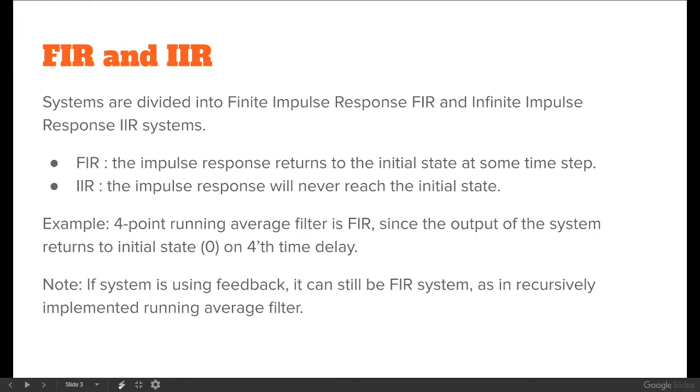For example, this 4-point running average filter is an FIR filter because after the third delay element, or after time 3, it returns back to the initial state, which is 0. Okay, so 0, minus 1, 1, 2.